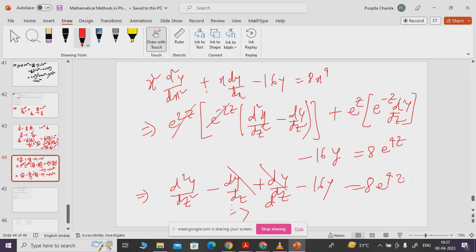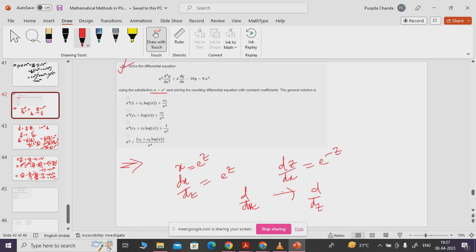We can see this also cancels. So it is d²y/dz² minus 16y is equal to 8 e to the power 4z. Now it is a second order differential equation with constant coefficients.